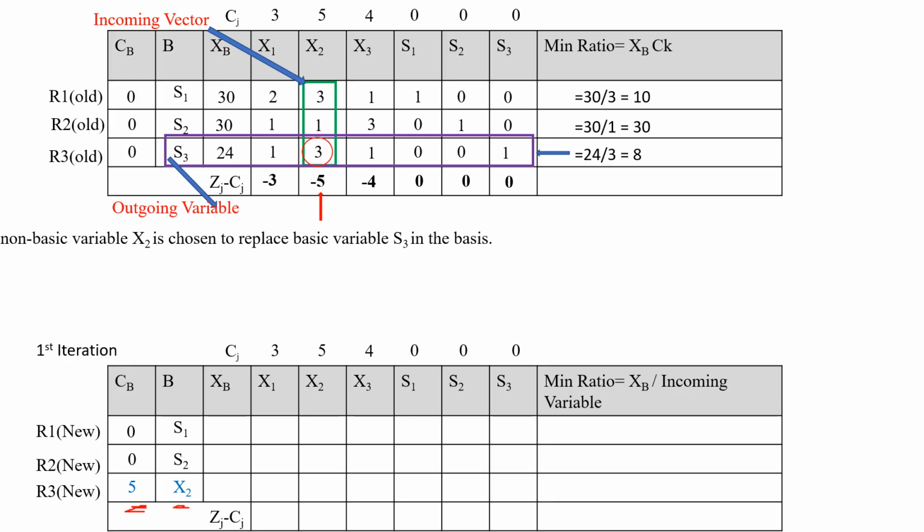And always remember, before applying the row operations, the incoming variable column values of the new simplex table should be 1 at the key element and the remaining values should be 0.